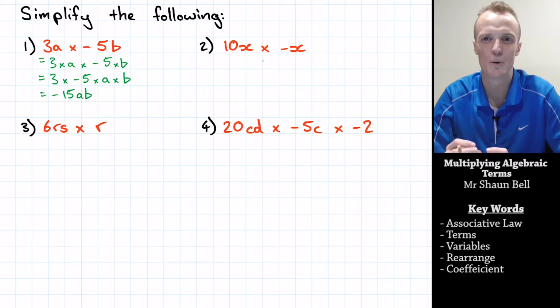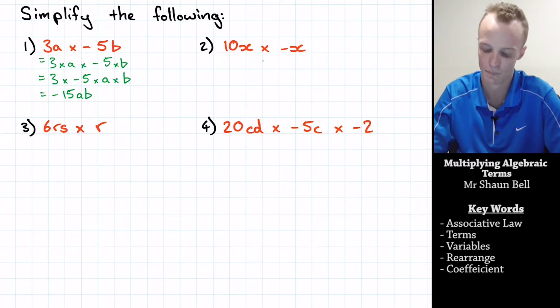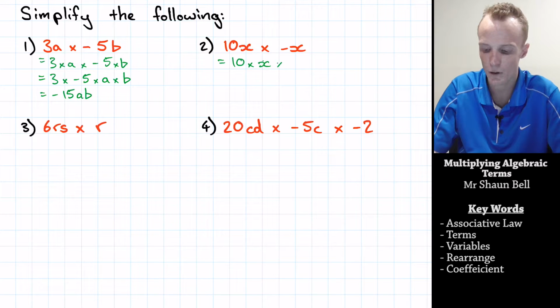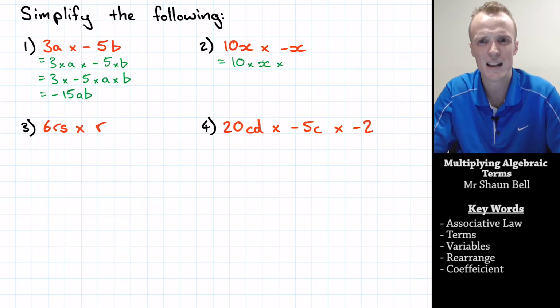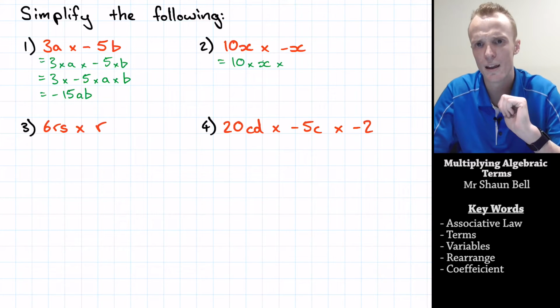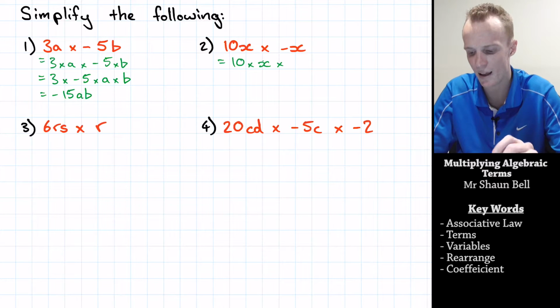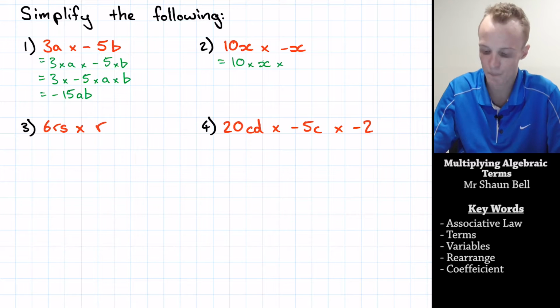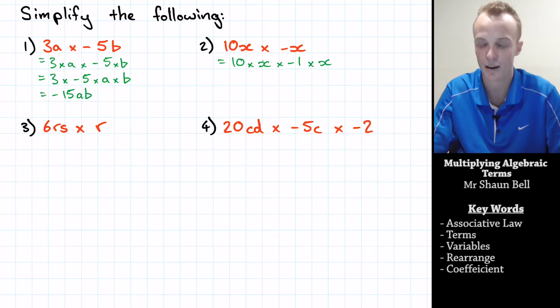Now with question 2, there is something that we need to be aware of when we're writing this out. The first part's still the same. It's equal to 10 times x. Then we need to multiply it by negative 1. Now the reason for that is we've got to remember that in front of this x value is a 1. So it's actually got a coefficient of negative 1 and then we multiply it by the x.